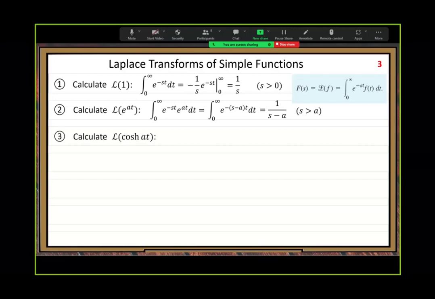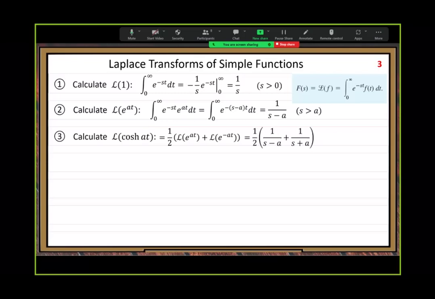Number 3, the Laplace transform of hyperbolic cosine. By the linearity property, because it is one half of the sum of two exponential terms, we split, and each one we can use this formula.